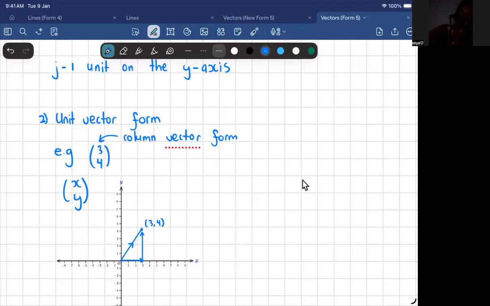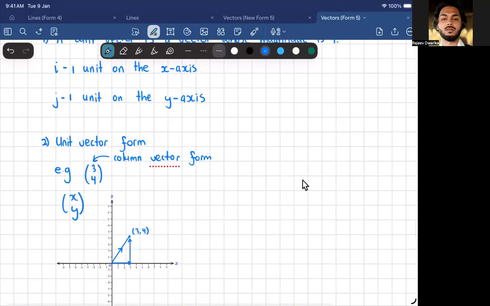So what are we using in unit vectors to represent movement on the x-axis? i. So this vector would just be 3i, because you're moving 3 units on the x-axis, plus 4j, because we moved 4 units on the y-axis. Simple.